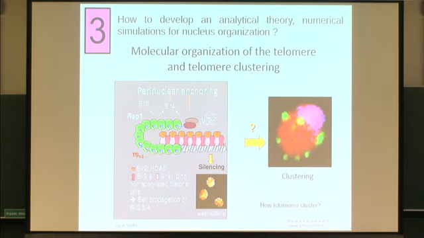Yet when you look at the picture, you don't see 32, you see clusters. The telomeres can form clusters, and there are between 3 and 5 clusters. And actually what has been found is that these telomeres can move between clusters. So they are dynamical clusters.